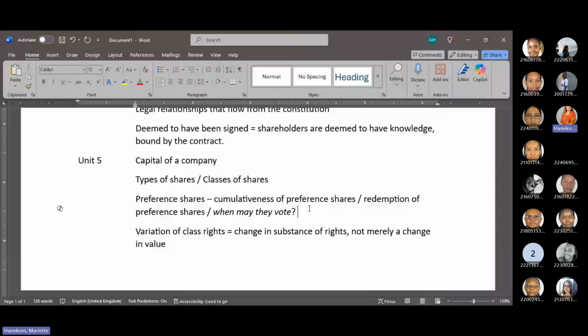When we did Introduction to Law for Accountants, there were separate units, and every question would be about something in a particular unit, but I didn't scramble them up. Company law, however, doesn't work that way.